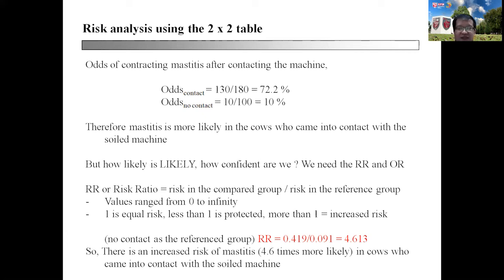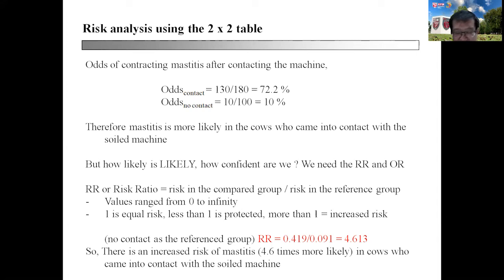So the next question that we need to ask will be, how likely is likely? And this is where we do comparative quantities known as the relative risk or risk ratio, and odds ratio. Risk ratio is defined as risk in a compared group over risk in a reference group.